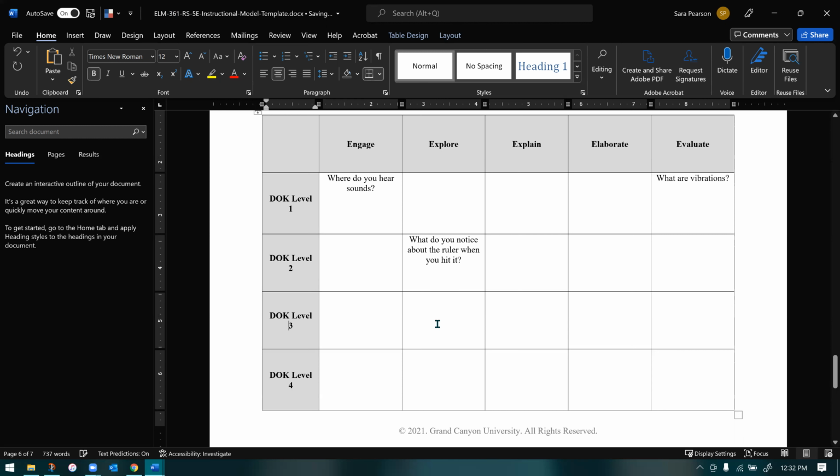At level 3 might be something like, where do you think sounds come from? And what evidence do you have to support that claim? So after they did their exploration, this would be a great time to ask this question in the explain phase, because students can share what they explored.